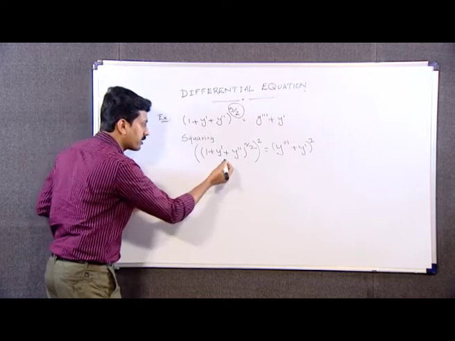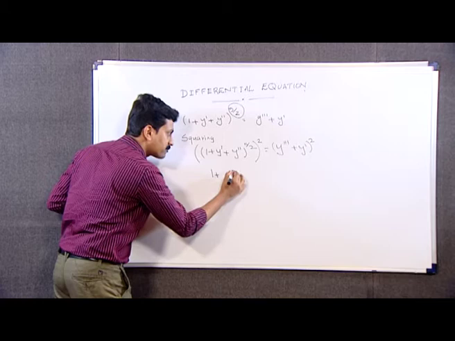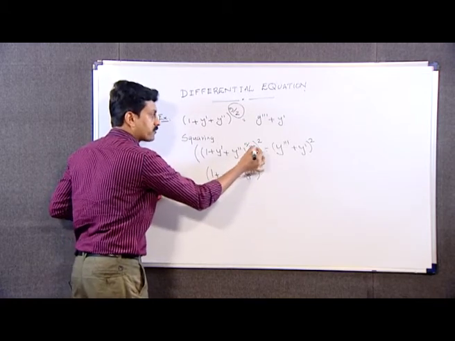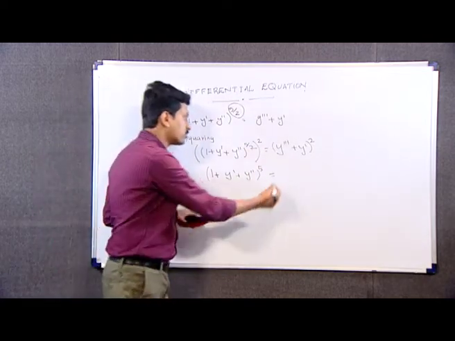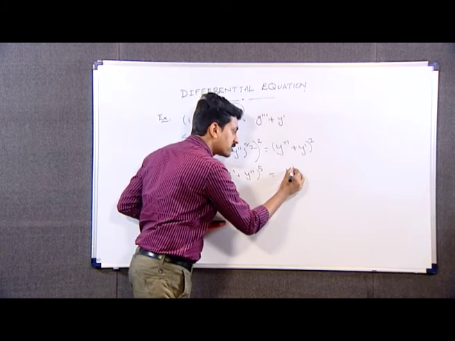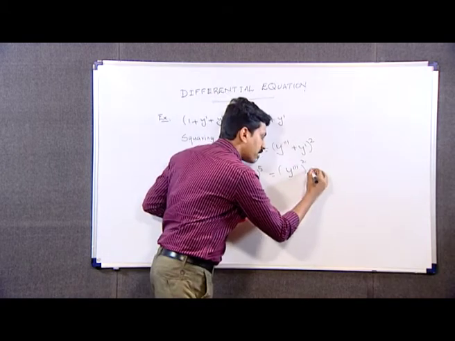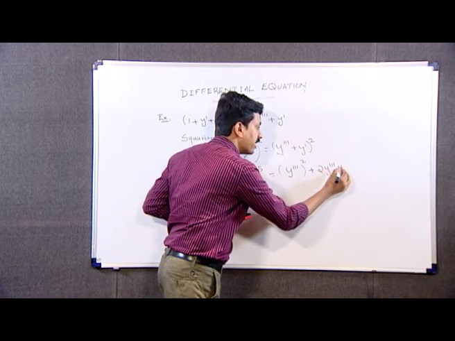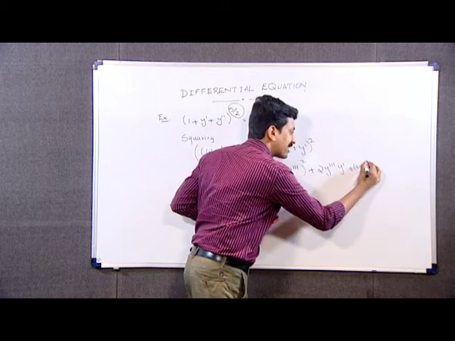So, we will have on the left side 1 plus y dash plus y double dash whole raised to 5. This is equal to, as like a plus b whole square, we can expand: y triple dash whole square, and next one is 2 into y triple dash into y dash, plus y dash square.